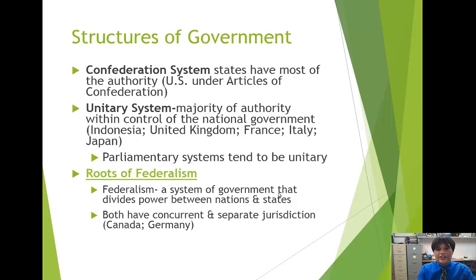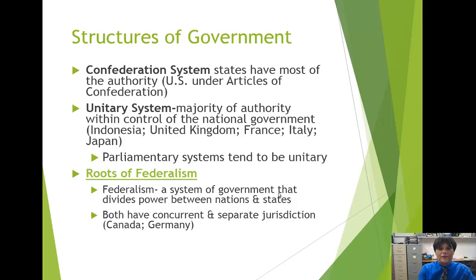There's also a unitary system, and a lot of nations actually do have a unitary system. A unitary system just means that the majority of authority is within the control of the national government. Examples of this would be Indonesia, the United Kingdom, France, Italy, and Japan. Now, while you may have states, you don't really tend to have state governments under unitary systems.